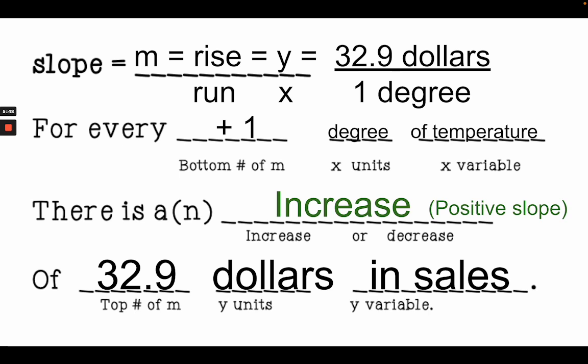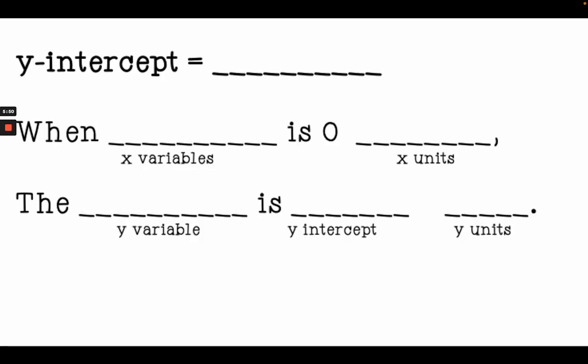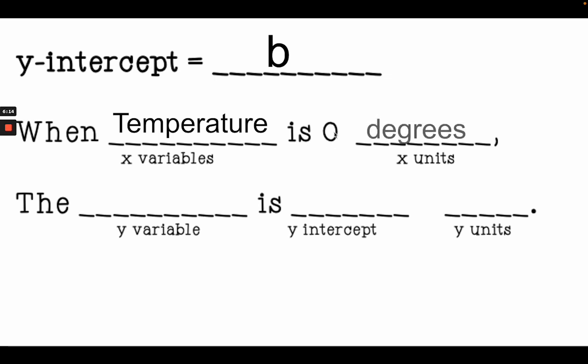Okay, the last one is our y-intercept. And again, we know y-intercept as b. And I did show you in the line of best fit a couple ways that we can look at our b. We can either see it as the y-intercept, or we can see it as this explanation here. So it says when temperature is 0 degrees.